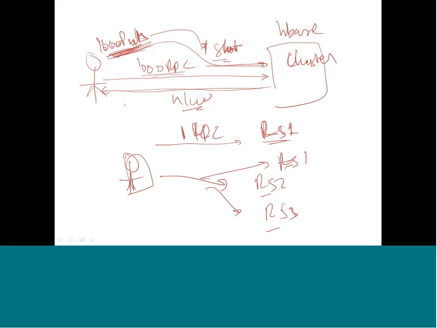The client is going to individually write all the data to the associated region server. So batching is a concept where you don't do 1,000 RPC calls, but a lesser number of RPC calls.